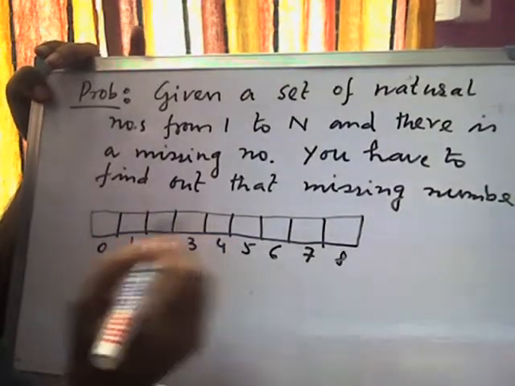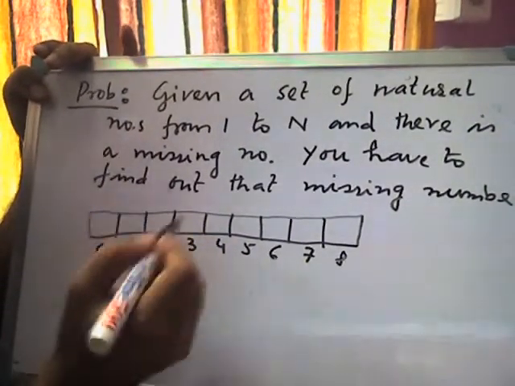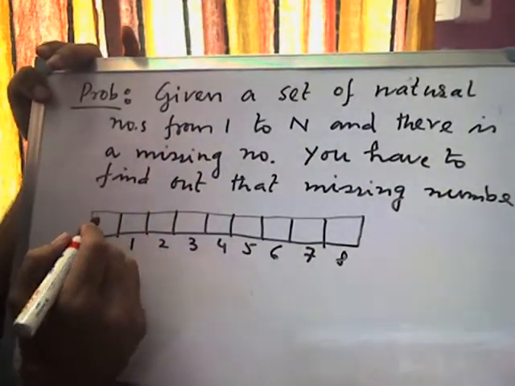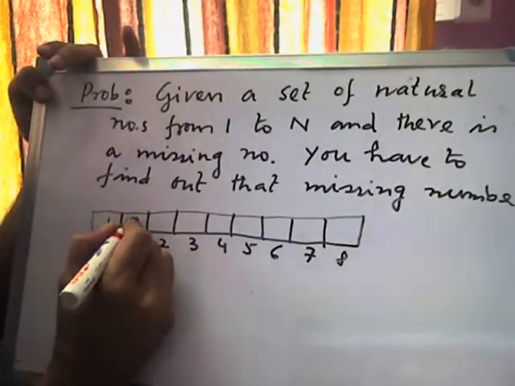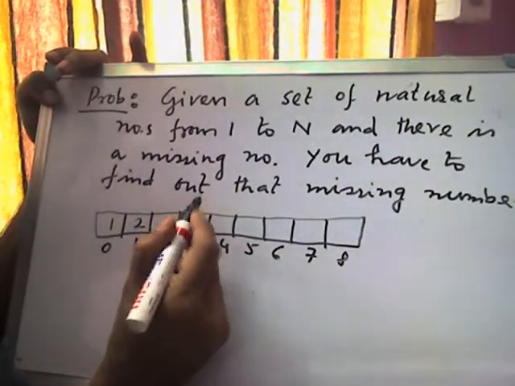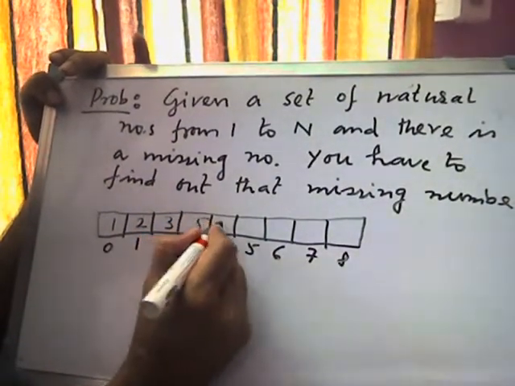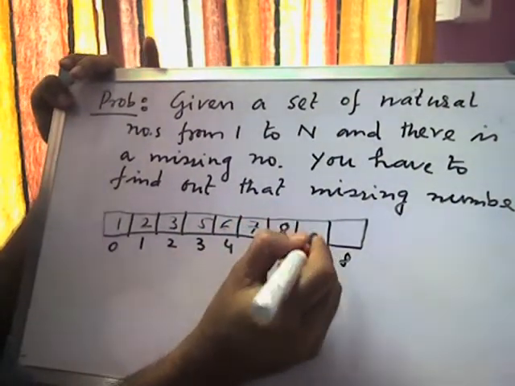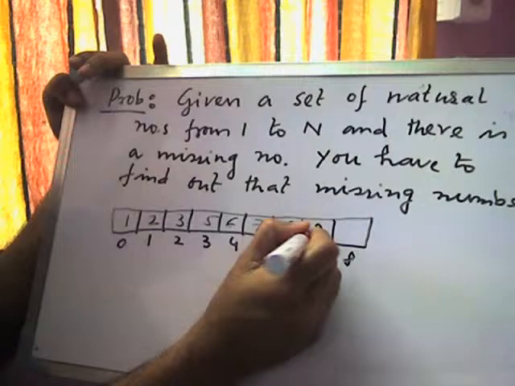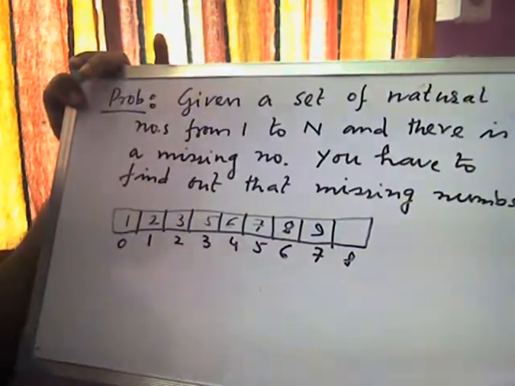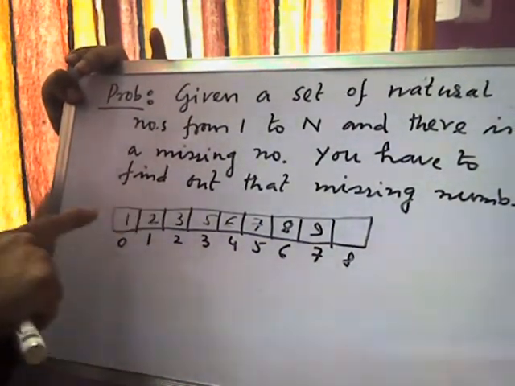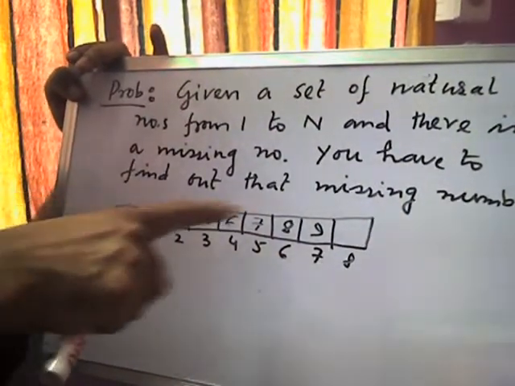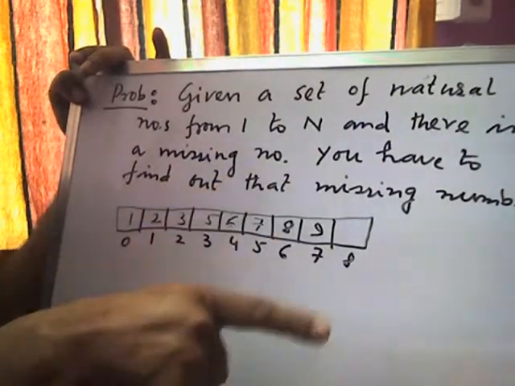So there are 9 places here. Suppose there are the numbers 1, 2, 3, 5, 6, 7, 8, 9 stored in this array, and some memory is empty, definitely, because you have to find out the missing number and enter it here.